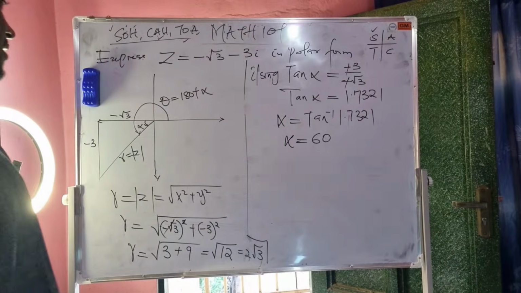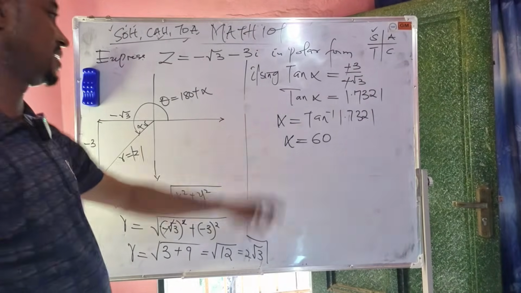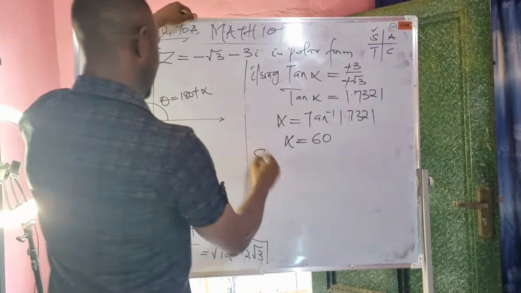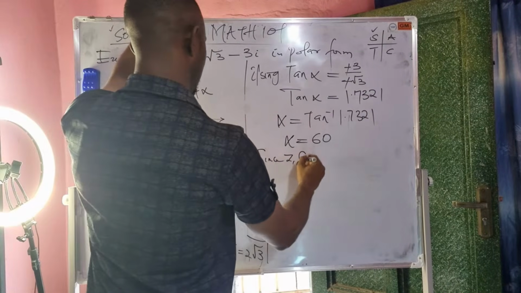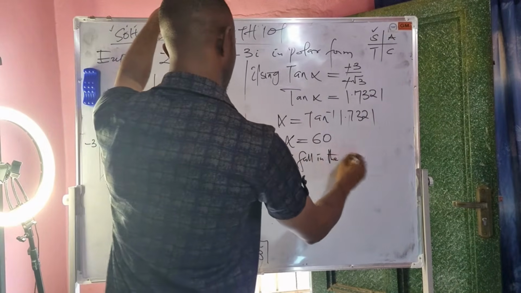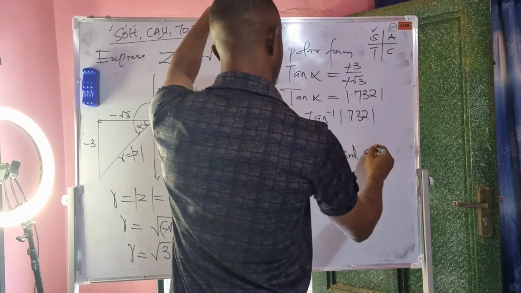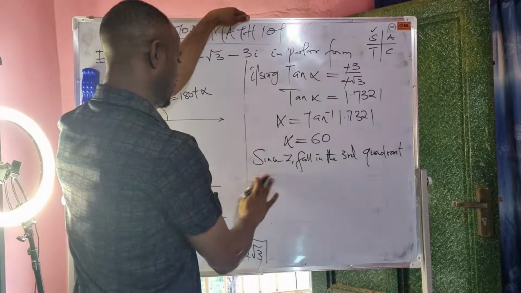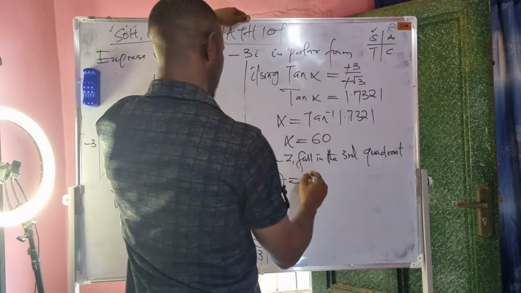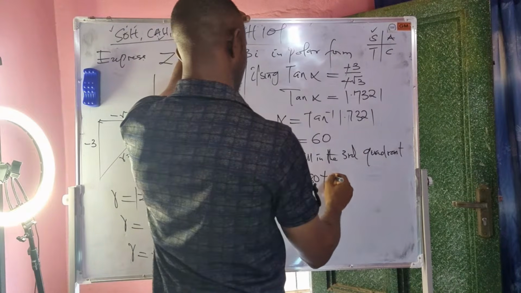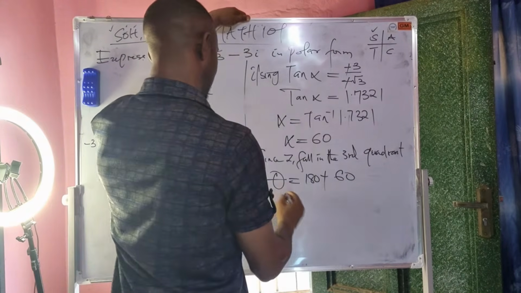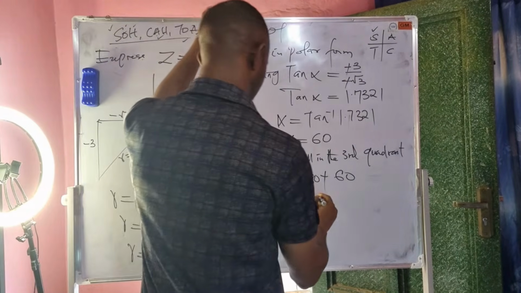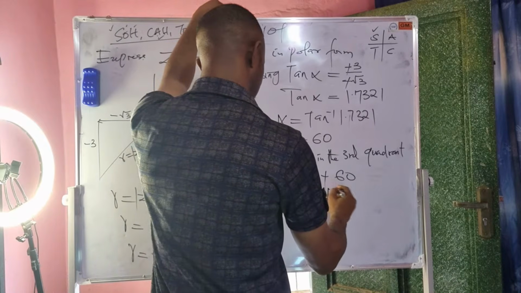But don't forget that this alpha represents the reference angle. So to find the standard angle, since Z falls in the third quadrant, I can say that our standard angle becomes 180 plus 60, which will give us about 240 degrees.